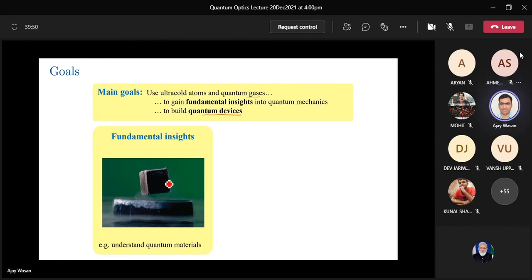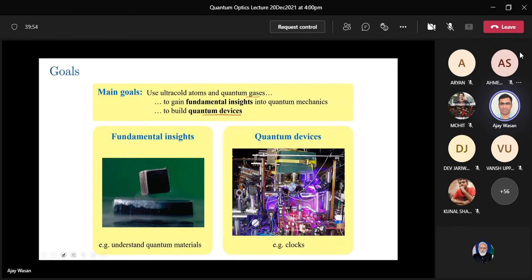Here I am showing you a magnet levitating. We can also make atomic clocks, quantum devices. These atomic clocks are very sophisticated: if you use them for 5,000 years, only 1 second will change. I will come to these things one by one.